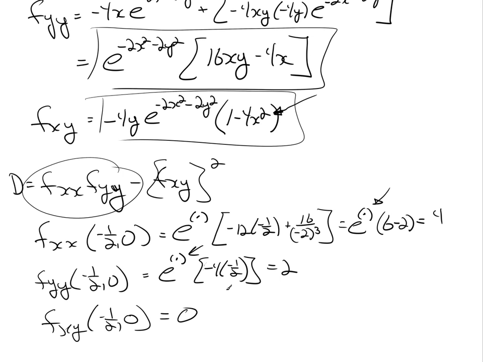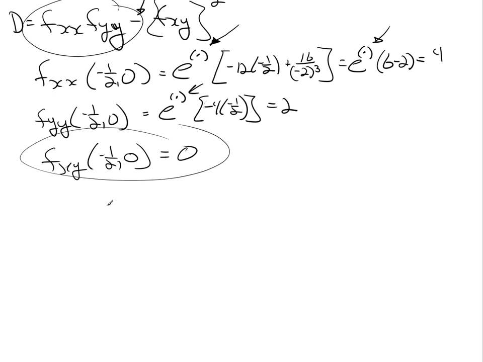And actually, I said a moment ago that it really didn't matter what this piece was. I probably shouldn't have said that. It does not in this case, as it turned out here, because it's going to be positive and this was 0. If this was non-zero, then this value could be extremely critical because I'm subtracting this partial of x and then y, the value squared. I'm subtracting 0, so this did not play a role at all. But it could. So we've got to be careful of that.